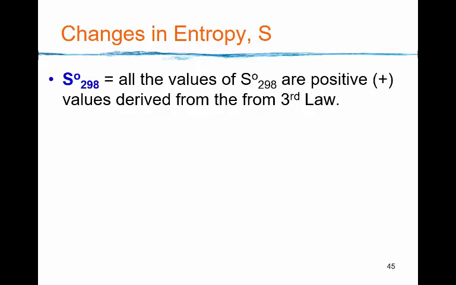No. We run reactions at 25 degrees usually in our labs, and in other labs, you'll see kind of the same thing. So the entropy at 298 is our standard entropy. Okay, so all the values at standard entropy are going to be positive, and they're going to be derived from math involved in that third law of thermodynamics.